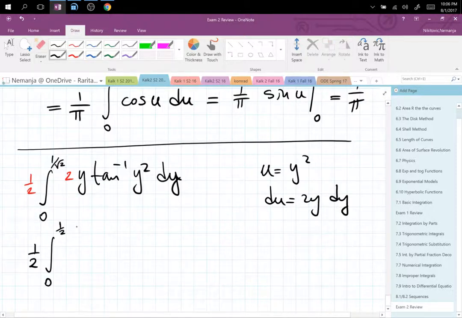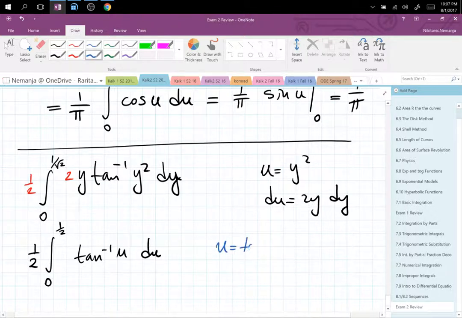Nice. And then this becomes tangent inverse u du, the integral of tangent inverse u du. Now you can do integration by parts because you know how to differentiate tangent inverse.